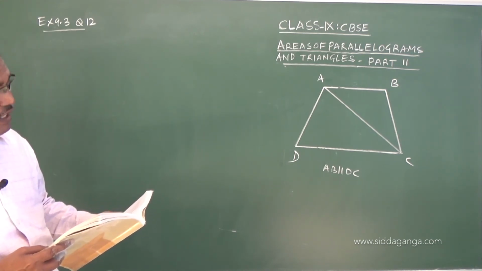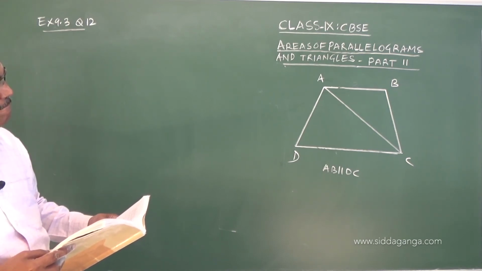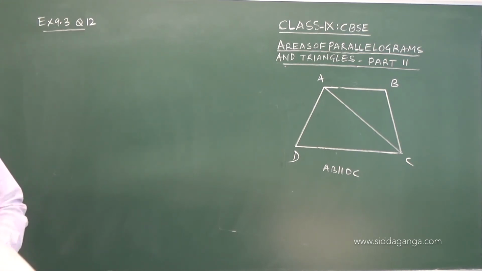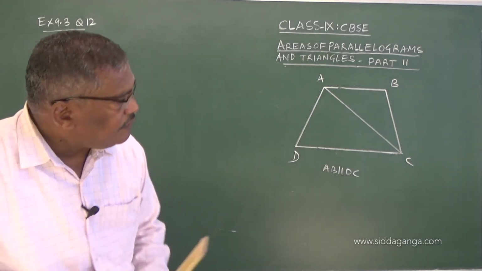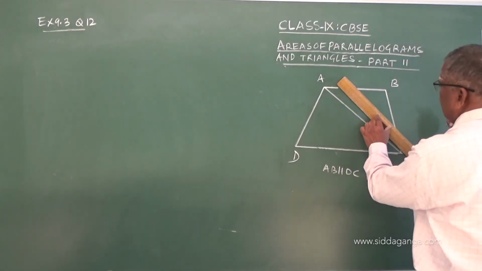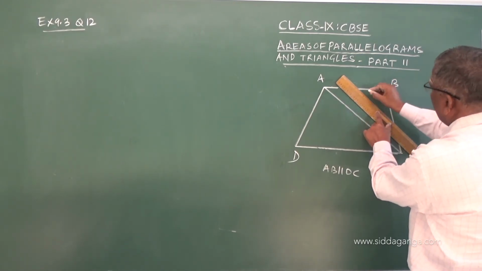Here see, a line parallel to AC intersect AB at X and BC at Y. So he says there is a line parallel to this AC, and another line is there.